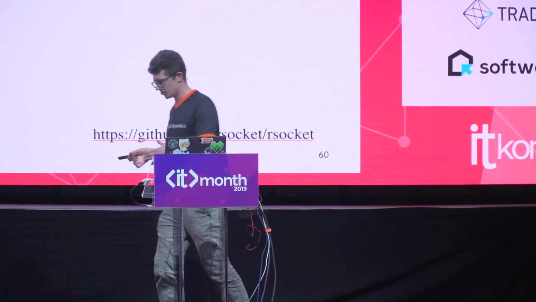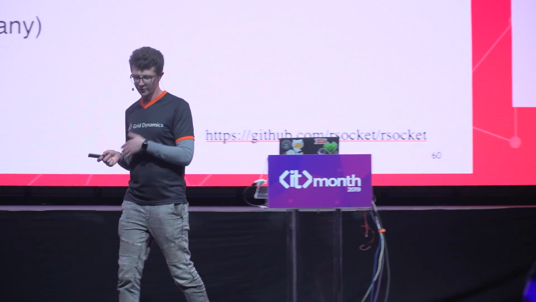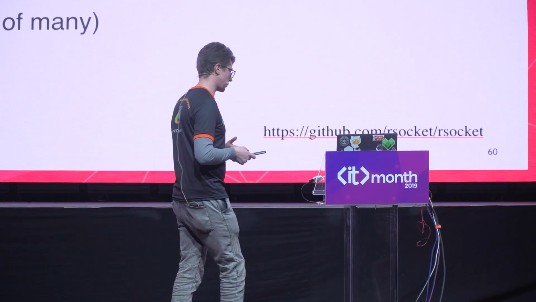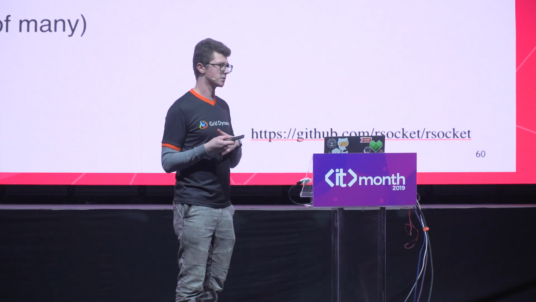I want to talk more about some tools around the reactive world. As I got further and more familiar with what people are doing with reactive, I saw one more thing which is quite popular right now: RSocket. It's another way of thinking about communication within services.